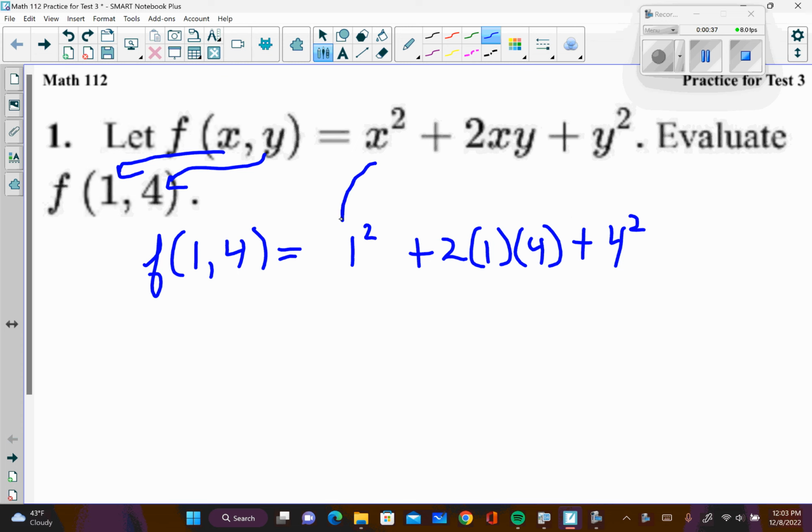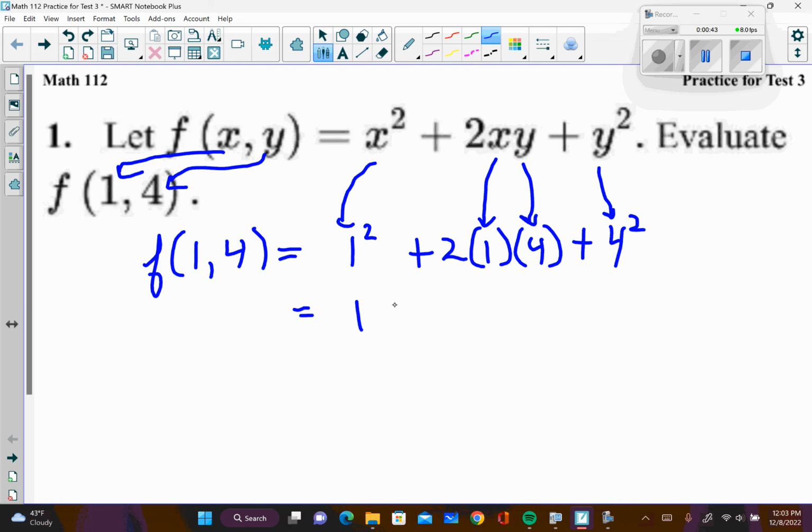Replace x with 1, replace y with 4. This equals 1 plus 8 plus 16, which is 9 plus 16, that's 25.